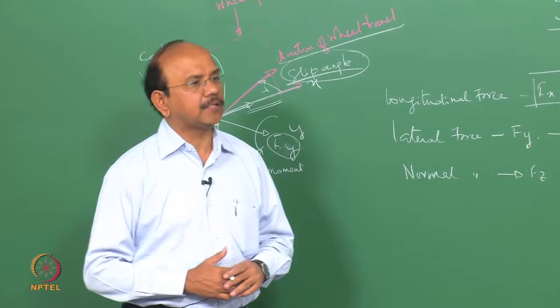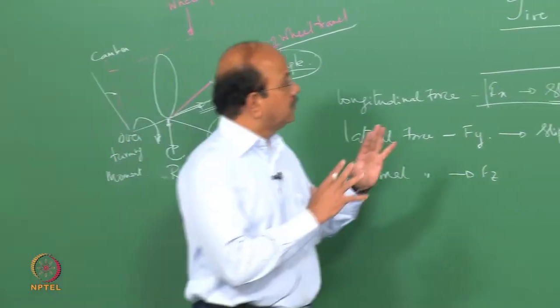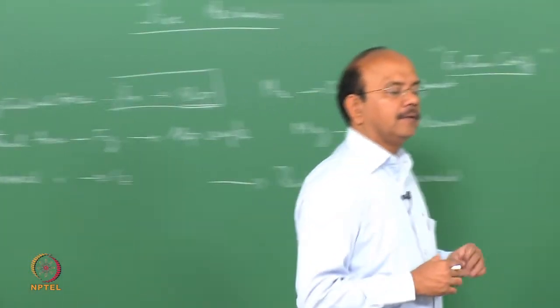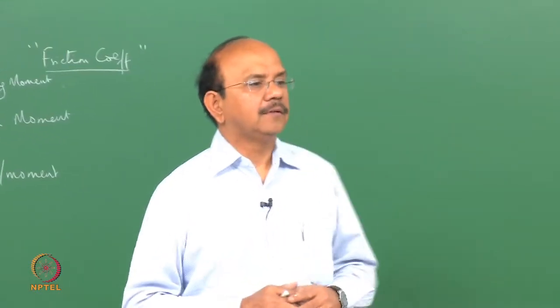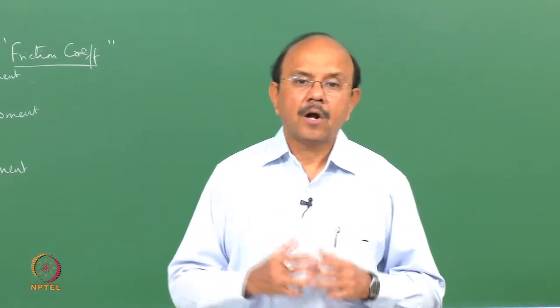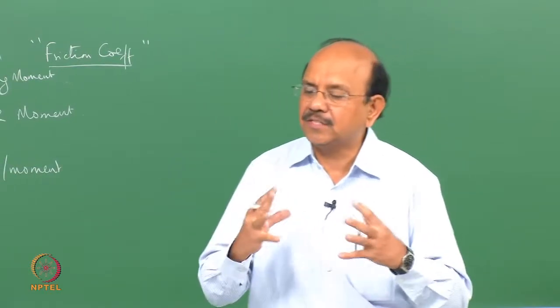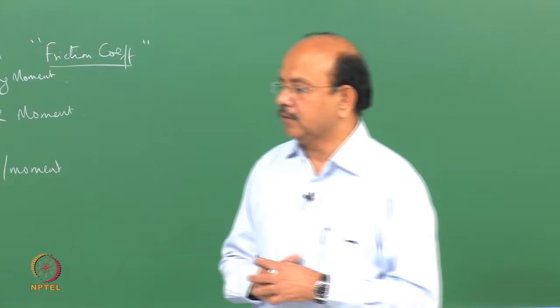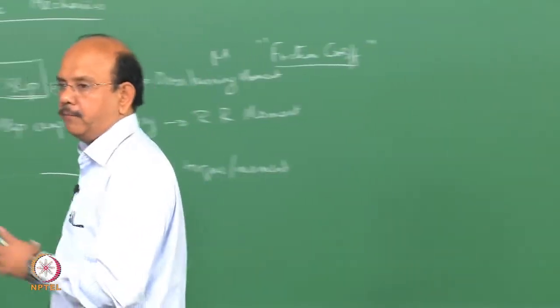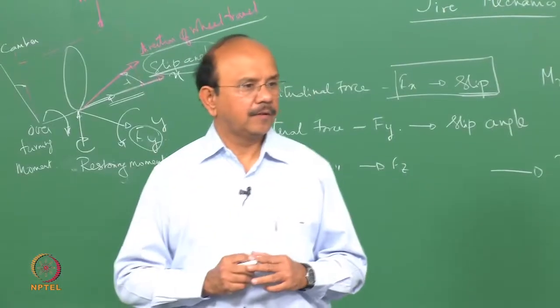This is what we saw in the last class. So these are the things that happen in a tire. The question is, how is it developed? What is the mechanism of the development of these forces? That's what we are going to see.